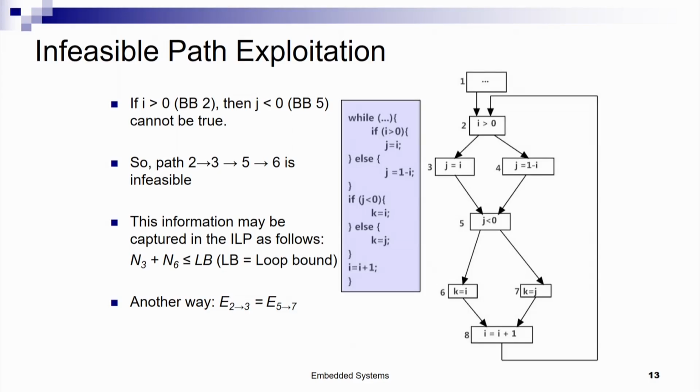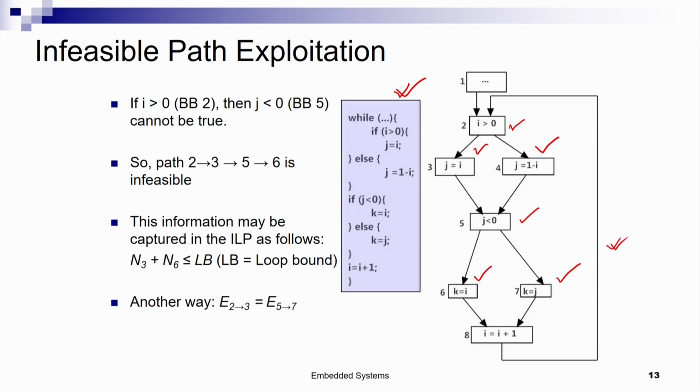To take another example on infeasible path exploitation, let us say that we have this program. While something, if I greater than 0, then j equals I, else j equals 1 minus I. So, when I is greater than 0, j becomes equal to I. Now, if j less than 0, then k equals I and j equals k on the other side, I equals I plus 1, and it enters this loop.